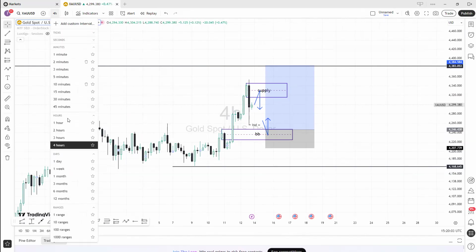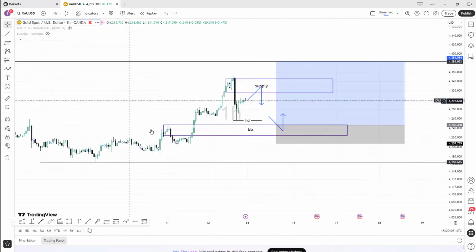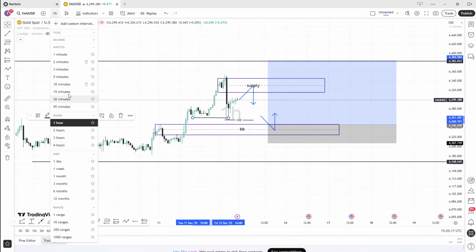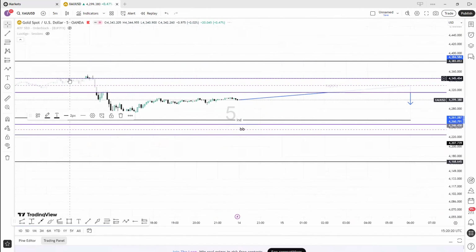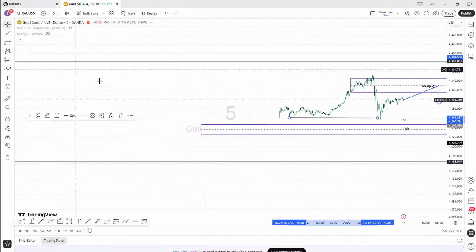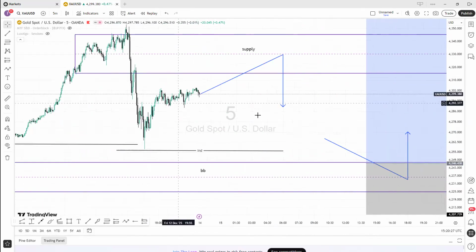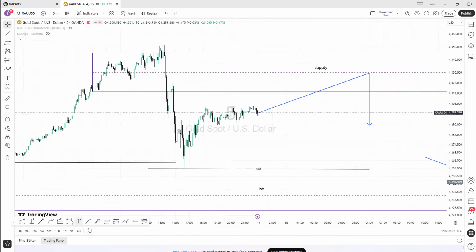On the lower time frame, you can see immediately after the sweep of that liquidity, previously there was liquidity created over here, and after that sweep, we got a market shift on 5 minutes, and then it created an FVG and tested the FVG.